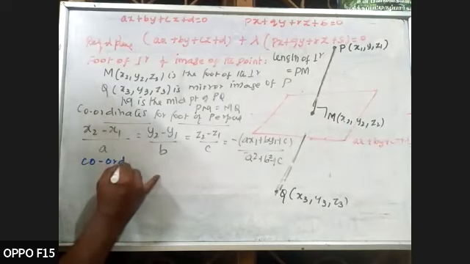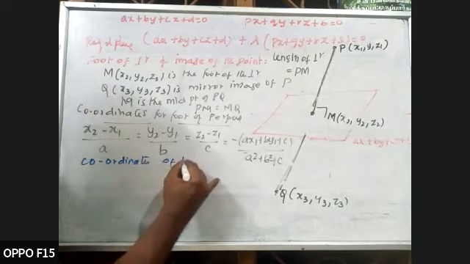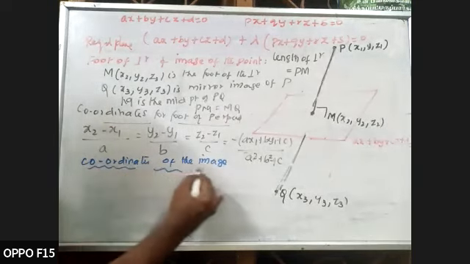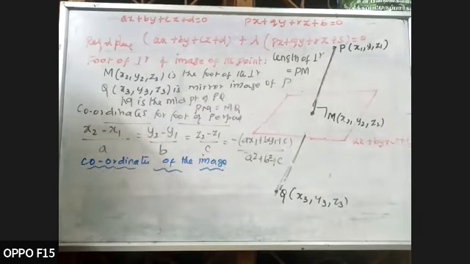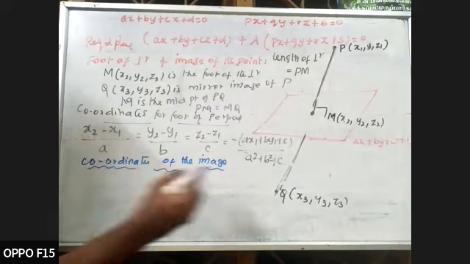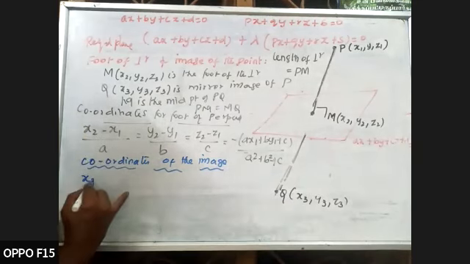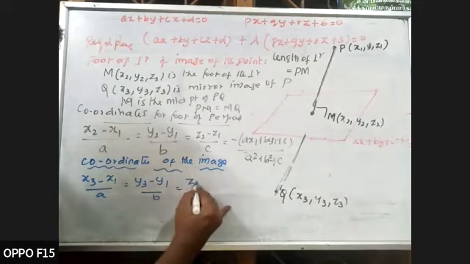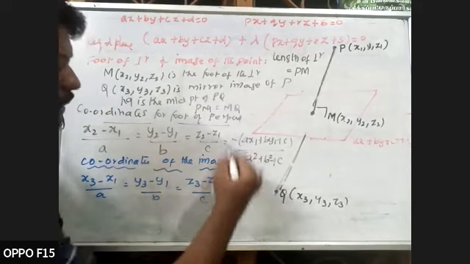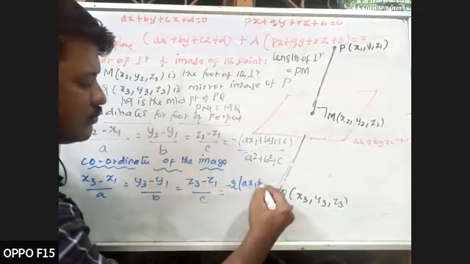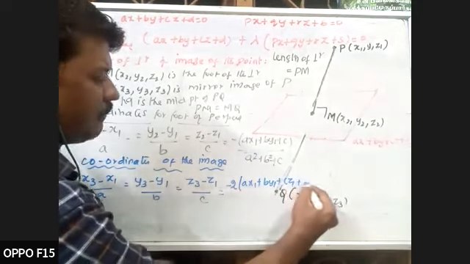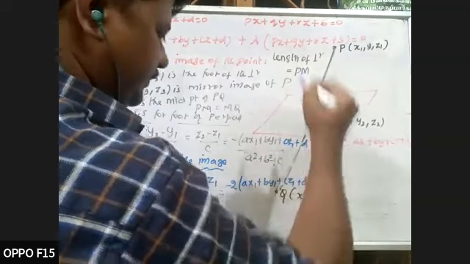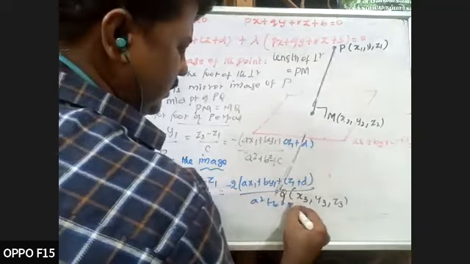To find the coordinates of the image, listen carefully. I want everyone to listen here. Here x3, y3, z3 is the image. So (x3 minus x1) by a, (y3 minus y1) by b, equal to (z3 minus z1) by c, equals minus 2 times (a x1 plus b y1 plus c z1 plus d) divided by a square plus b square plus c square.